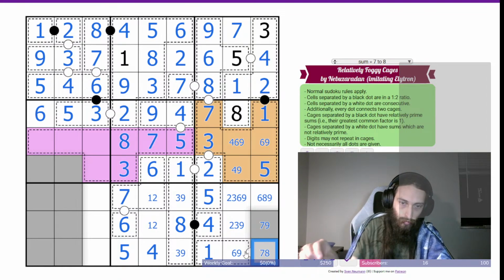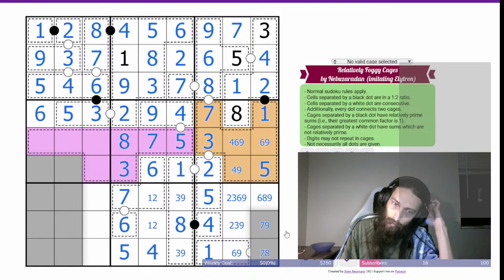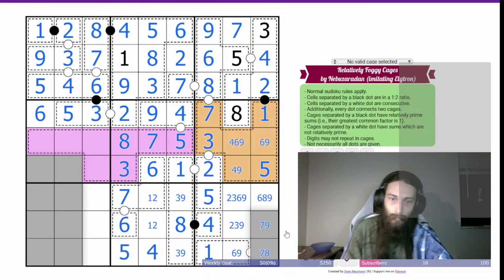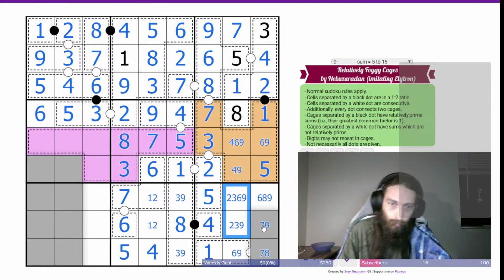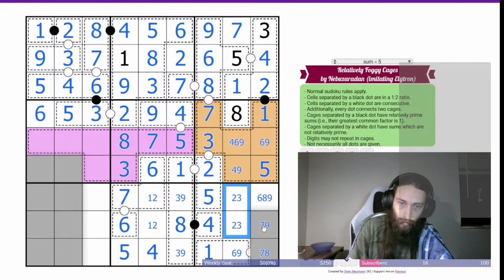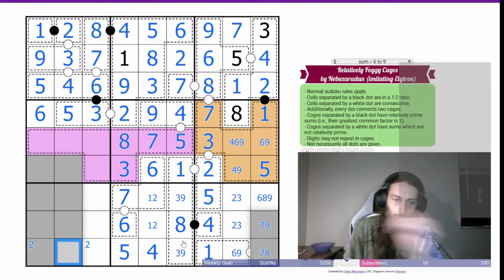Neither does 6. So 6, 7, 8, 9 means this is a 2-3 pair. 2s and 2s means 2 is one of those.